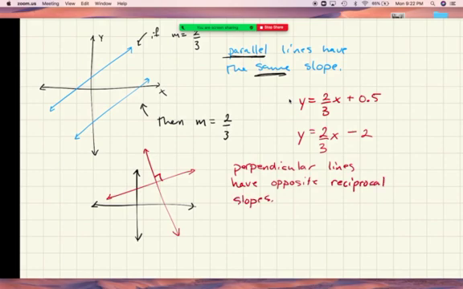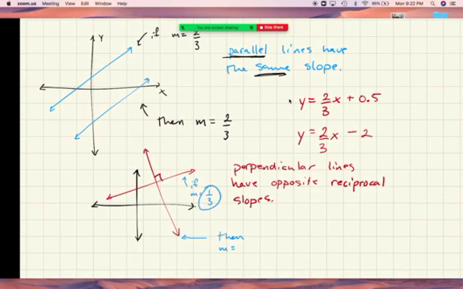And all that means is you take one slope. Let's say the slope here, if m equals +1/3, opposite means opposite sign.